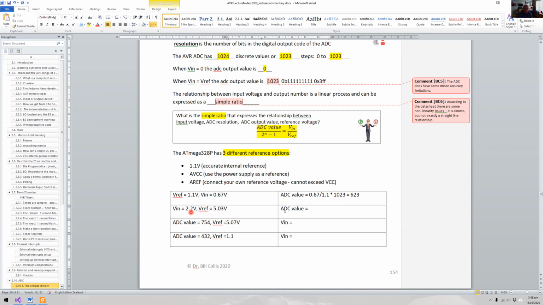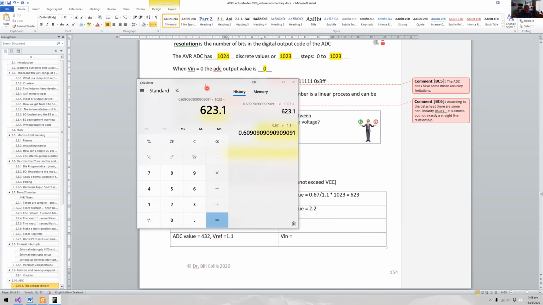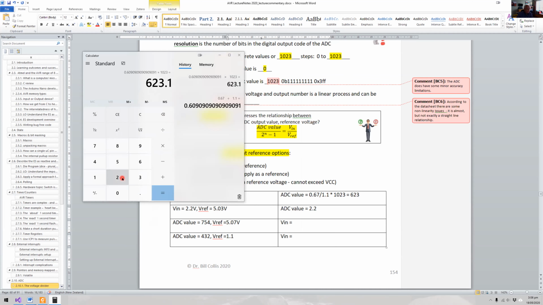Now, again, here we can look at the ADC value of this, which is 2.2. Let's just put this in my calculator. Now, I want you to think about this, because I'm just not plugging numbers into a calculator here. I'm going to go 2.2 divided by 5.03. Now, why did I say 5.03? What a weird number.